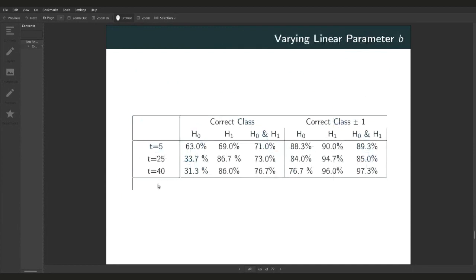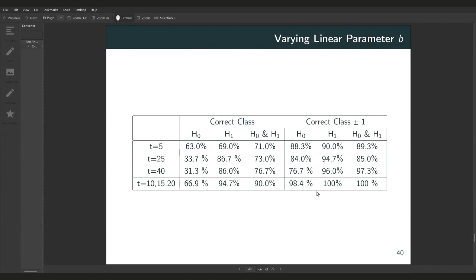If we think about early and late time classification, we end up with reasonable classification, and much better classification if we allow ourselves to look at neighboring classes. We can also include several time steps in our classification just by concatenating persistence images taken at several steps.